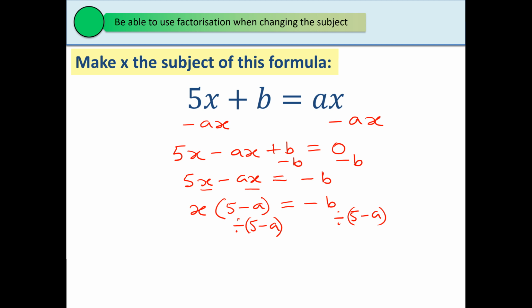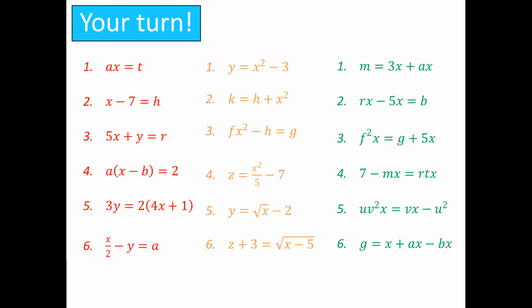So 5 minus a divided by 5 minus a leaves us with just x. These two cancel out, and on the right hand side minus b over 5 minus a. Okay, and we made x the subject.